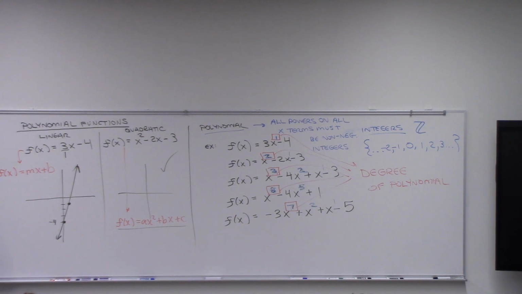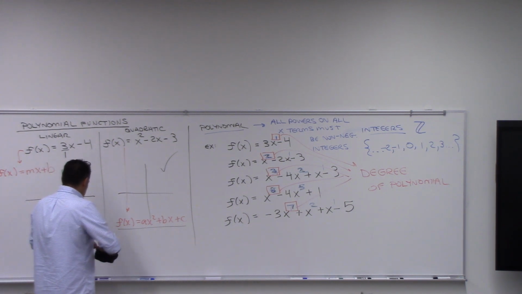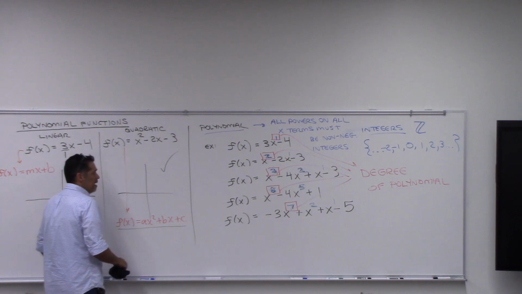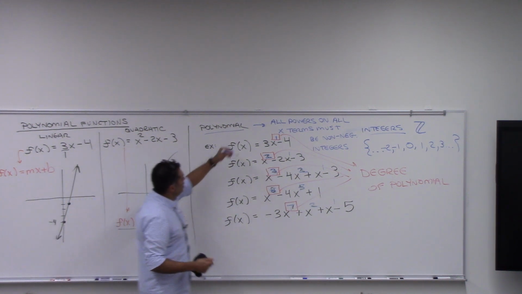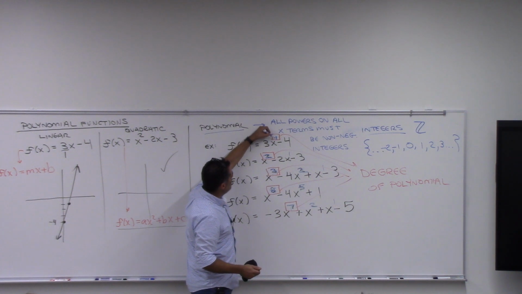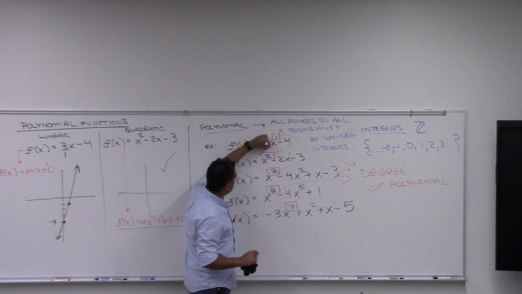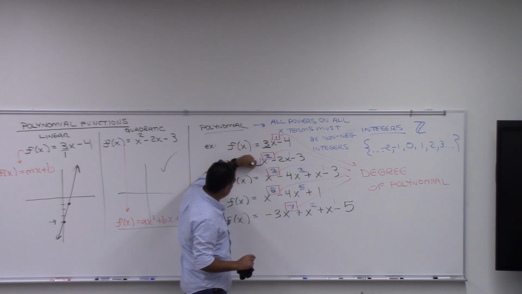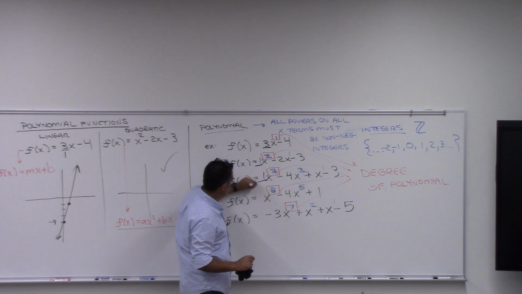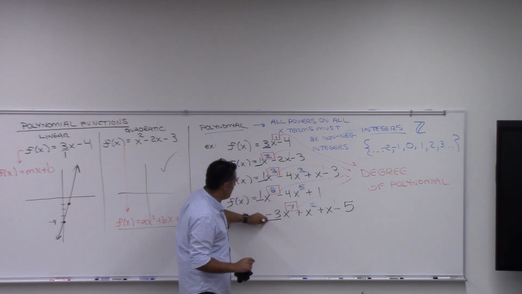The degree of the polynomial is going to tell us a lot about what the graph looks like, all right? There's something else here that I want to point out that's going to become important to us, and that is in front. So this is the degree, right? This is a degree 1 polynomial. The number in front of that highest power of x, that number right there, or here there's a 1, here there's a 1, here there's a 1, and here it's a negative 3, right?